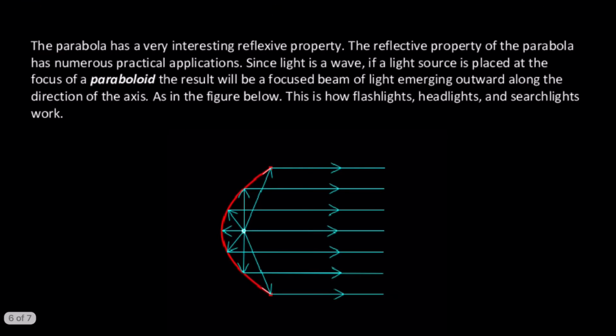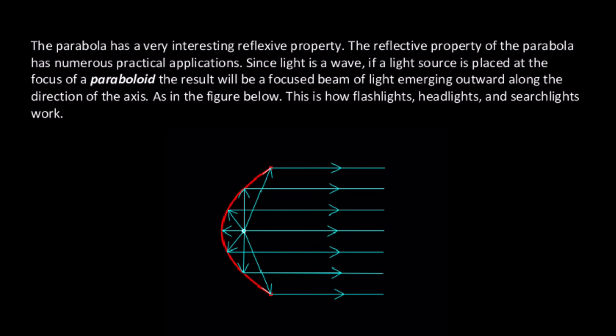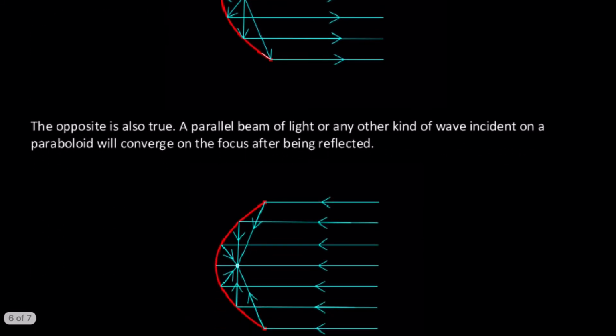Okay, so now let's talk about the reflective properties of parabolas. What's really neat about this, first of all, there are many different applications: satellite dishes, headlights. But from the focus, anything that's emitted and reflected off the parabola comes out parallel. So if you notice, all of these are parallel. That works both for leaving the parabola and coming in.